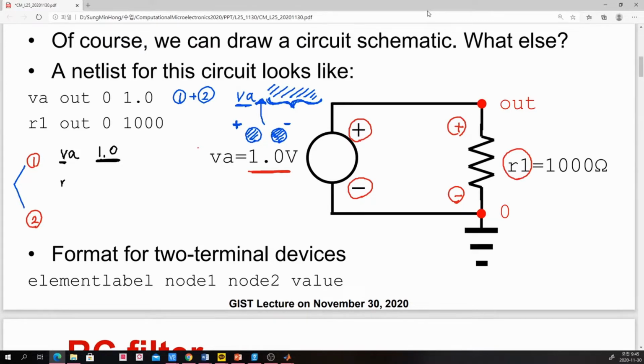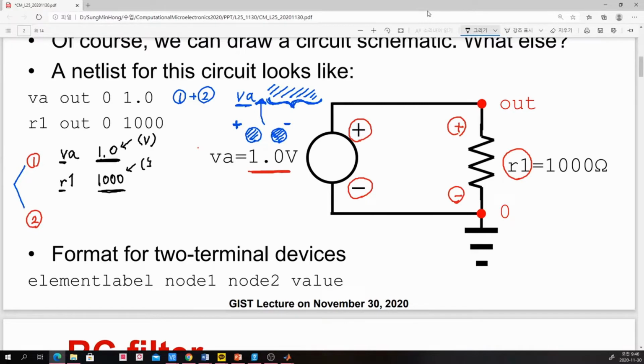And R1 also starts from the alphabet R, so it is a resistor, and 1000 simply means that although this is 1.0 and 1000, these are just unitless numbers. Since it is a voltage source, it is interpreted as 1 volt. And since this one is a resistor, this is regarded as ohm.